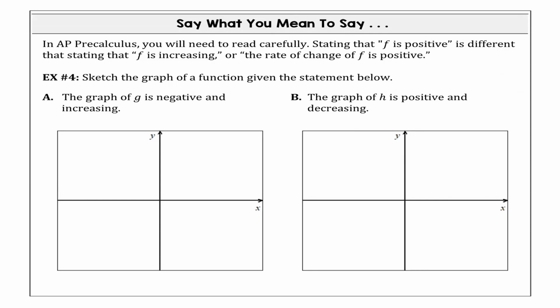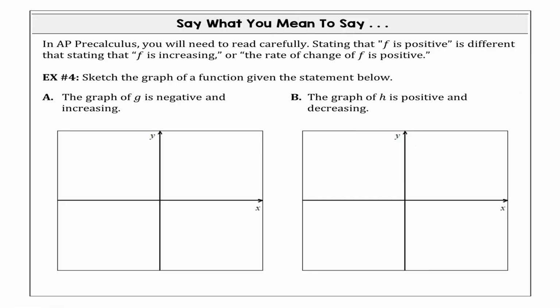I want you to just sketch. What do you think that means? And you're going to also then sketch H. It's not a wrong or wrong, it's just notes, guys. Okay. There is a wrong answer, but there's no wrong way of trying. The graph of H is positive and decreasing. So I want you to illustrate what you think those look like.